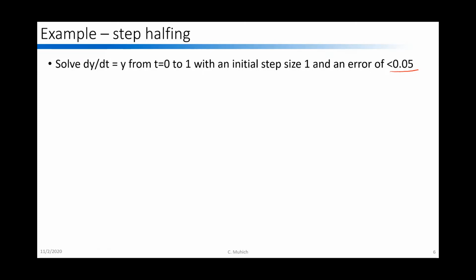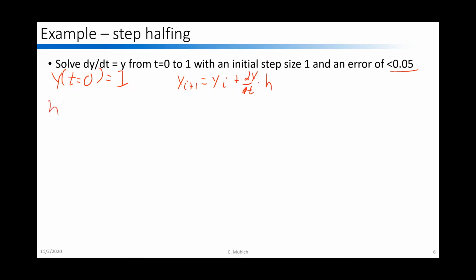Let's say for the sake of this argument that y at t equals 0 is equal to 1. So first we're going to take our normal step size, and we're going to use just the normal Euler's. So we'll say y_{i+1} equals y_i plus dy/dt times h.